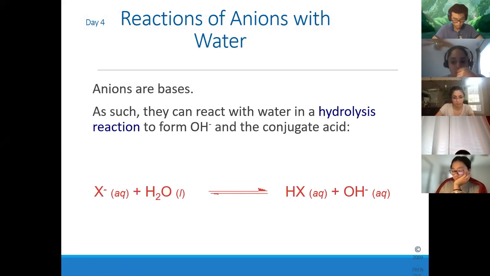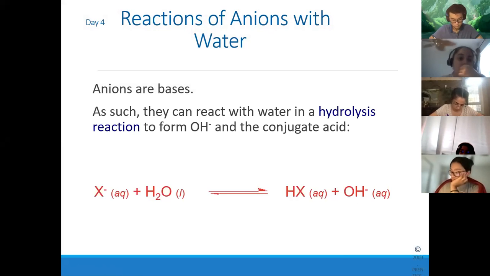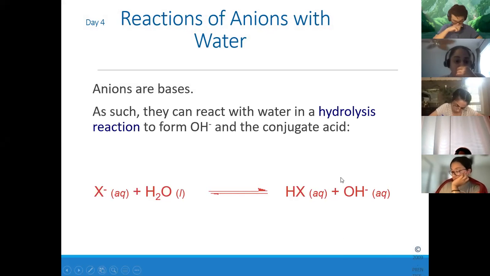Now you got to understand, even though we're generating an acid, it's a weak acid. OH minus is a very, very, very strong base. So when I put this X minus in water, I generate a weak acid and a very, very strong base. So anions are bases.